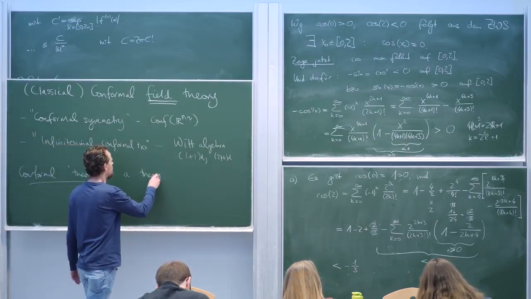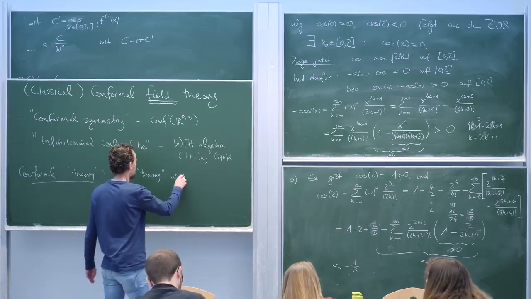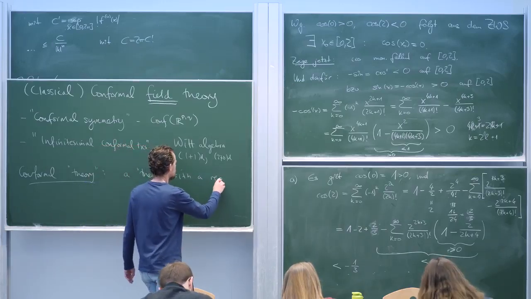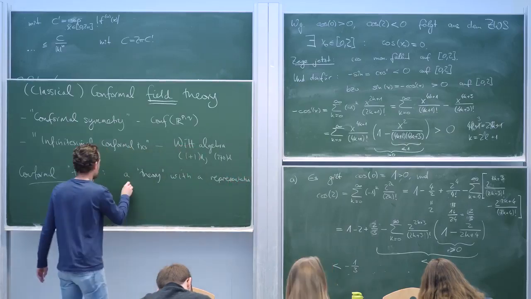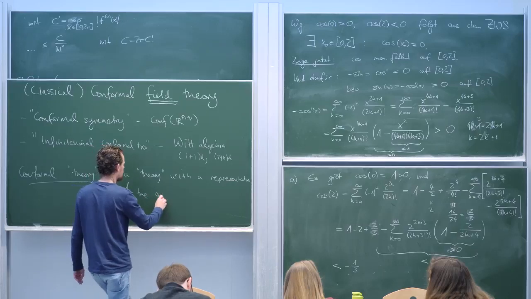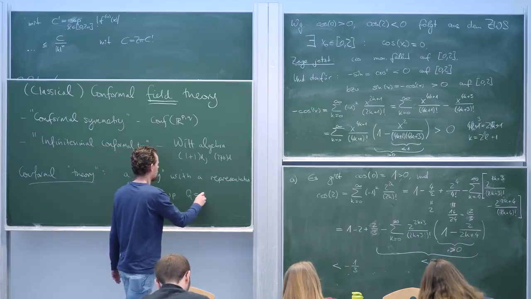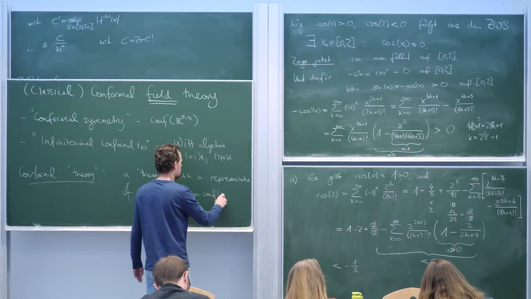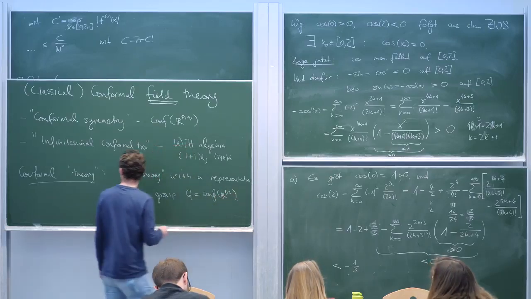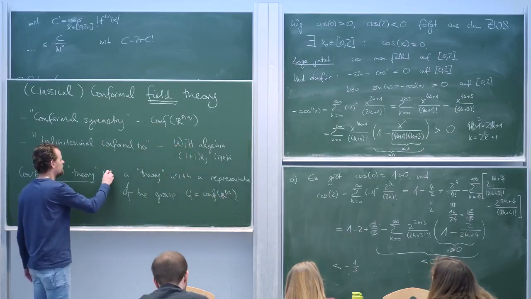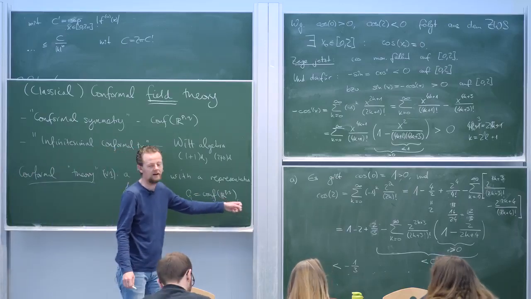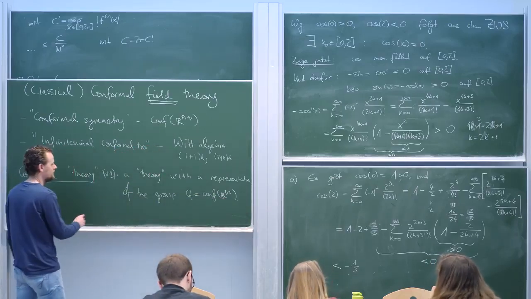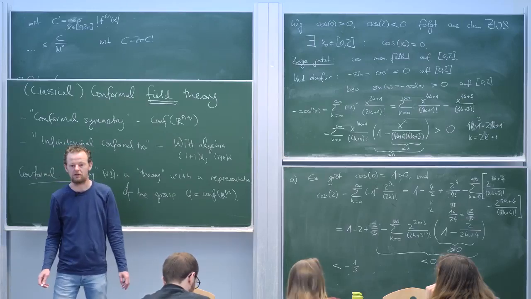I won't say what the word theory means quite yet. So let's call this conformal theory version 1: a theory which has a representation of this group, or carries or furnishes a representation of this group.